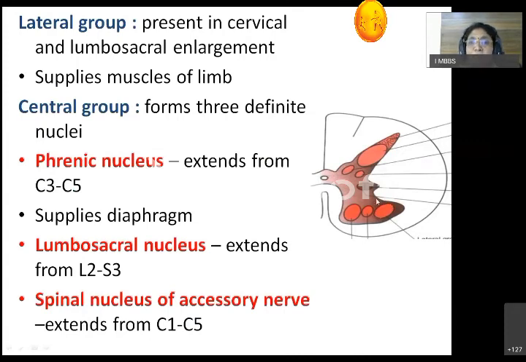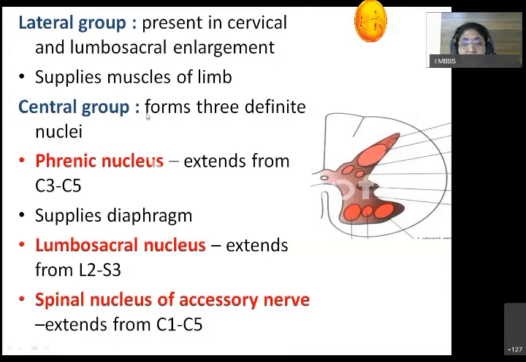This lateral group is present in the cervical and lumbosacral enlargement only. And you know, the motor nerves which are arising from the cervical and lumbosacral enlargement are supplying muscles of the limbs, upper limb as well as lower limb. So the nerve cells which are present in the lateral group supply muscles of the limbs.